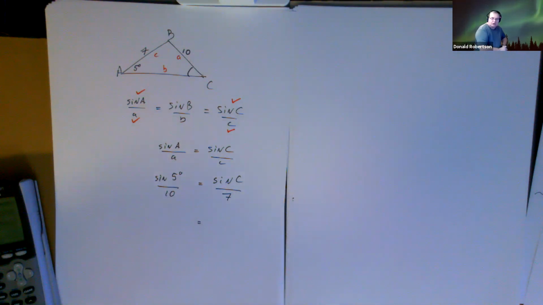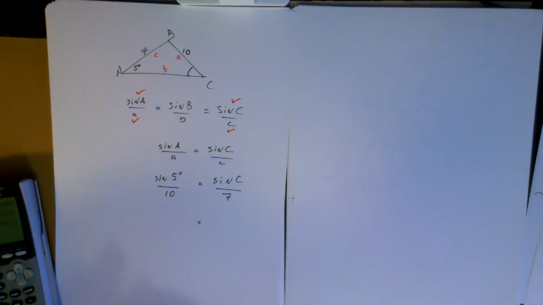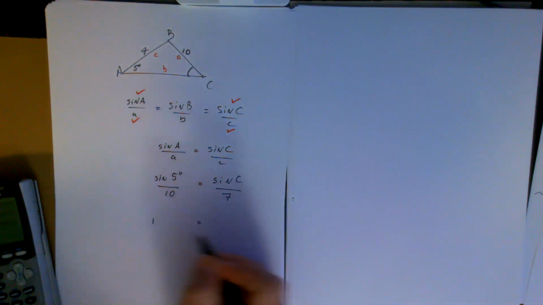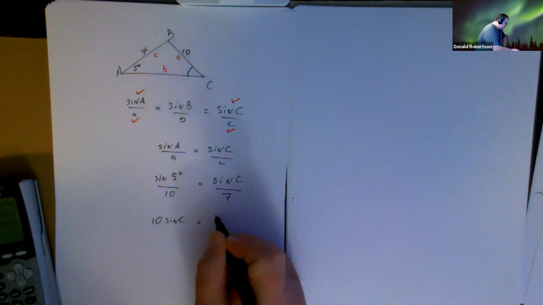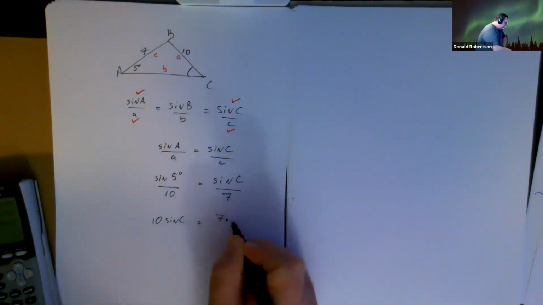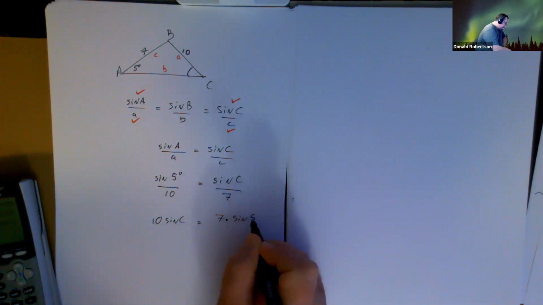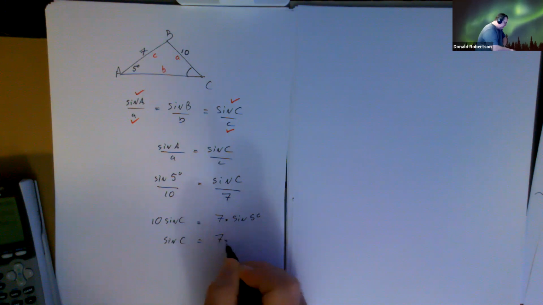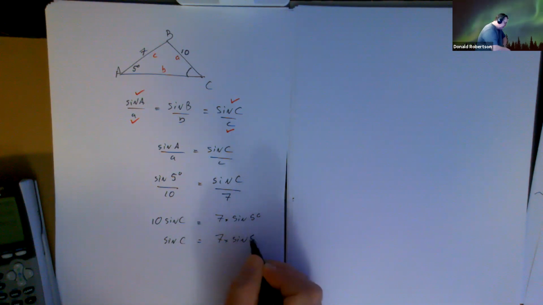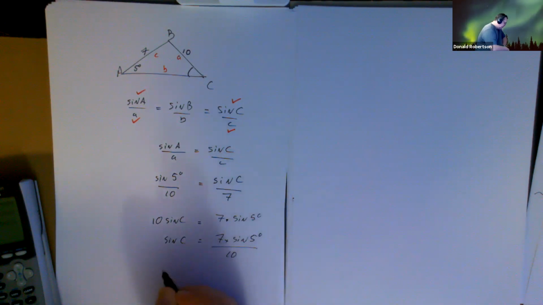What's my next line of working going to look like? Cross multiplication. Okay, so 10 times the sine of C is going to be 7 times the sine of 5 degrees, which makes sine of C 7 times sine of 5 degrees, all divided by 10.